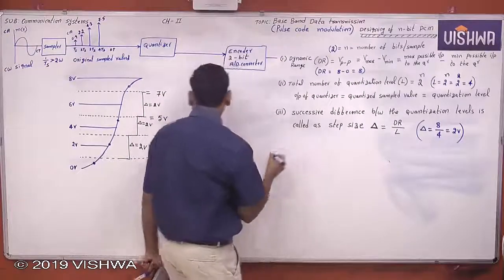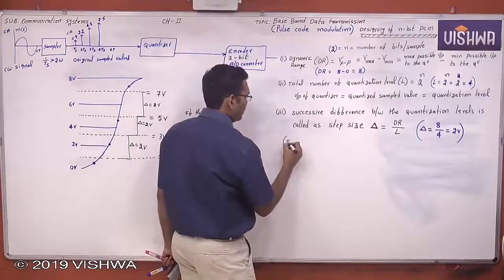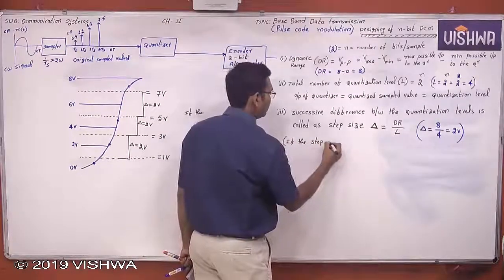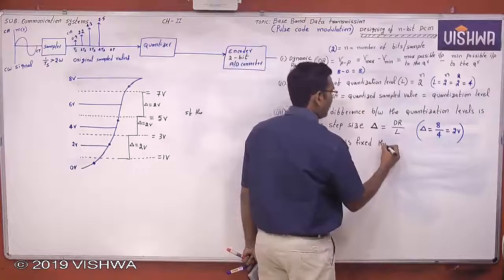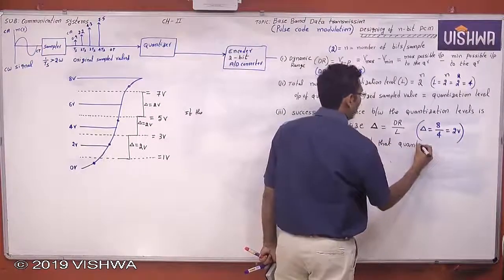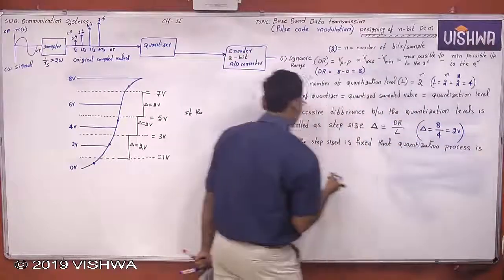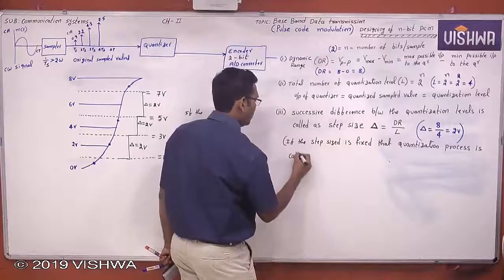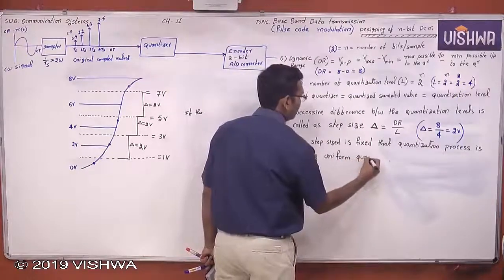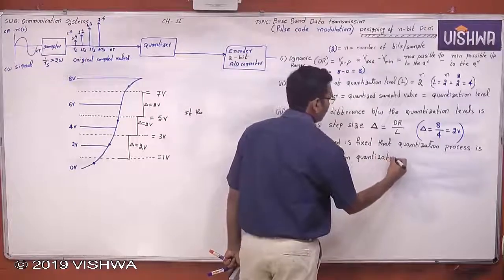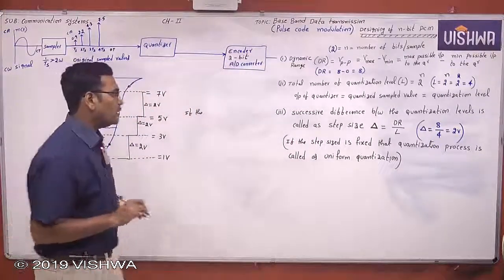If the step size is fixed, that quantization process is called uniform quantization.